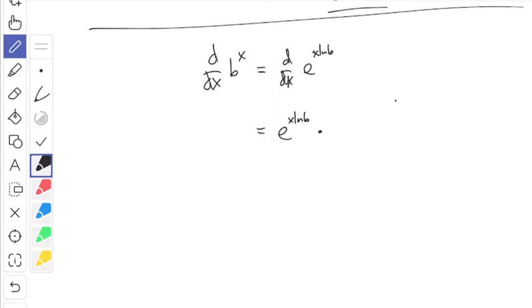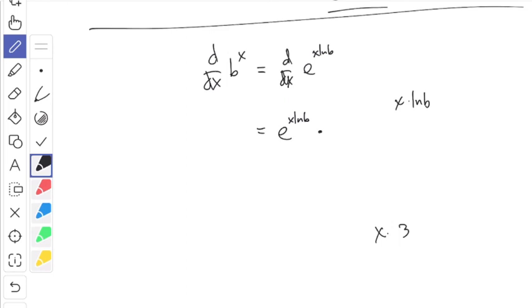So when I see x times ln b, that's what I see up there, right? ln b is a constant. So this is as if it said something like x times 3, right? And what would the derivative of that be?